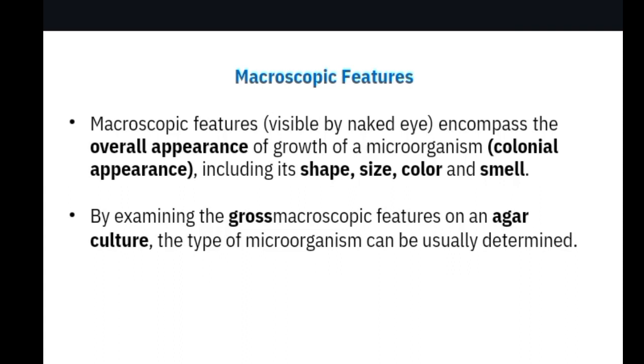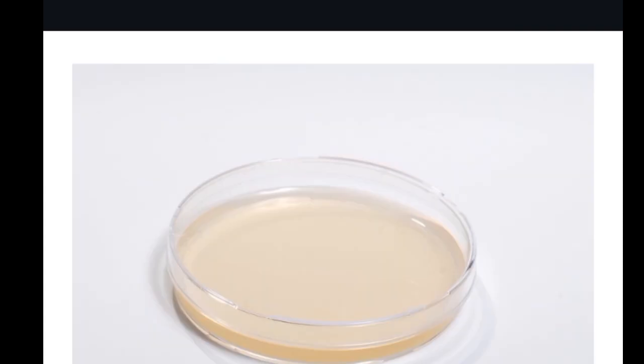By examining the gross microscopic features on an agar culture, the type of microorganism can usually be determined. As you know, agar is a solid gel-like base used for most solid media. Here you can see the petri dish with agar in which bacteria, fungi, and other microorganisms usually grow.